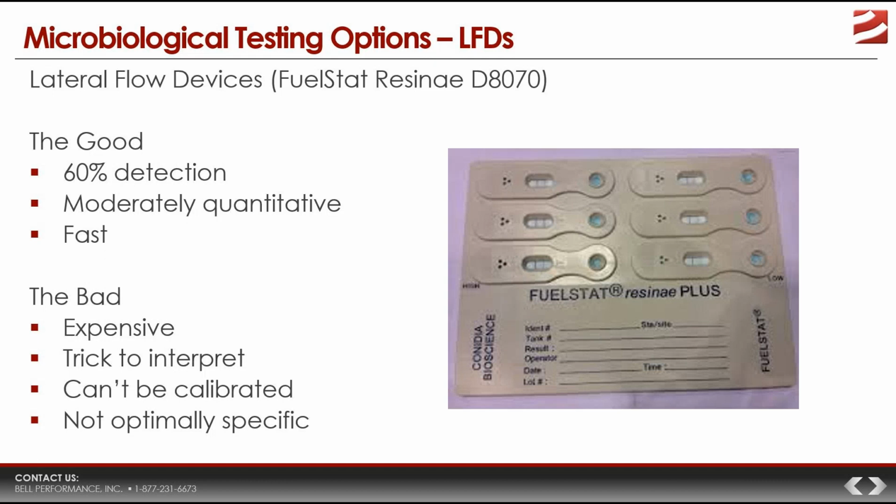Second one is that lateral flow devices can be a little bit tricky to operate. The Conidia test on the slide actually works like a pregnancy test. In fact, people in the industry call it the pregnancy test, the fetal pregnancy test. And so, you prepare your sample, which isn't hard to do, but you prepare your sample and you put it on the slides and you wait, and you get 1 or 2 lines that show up.